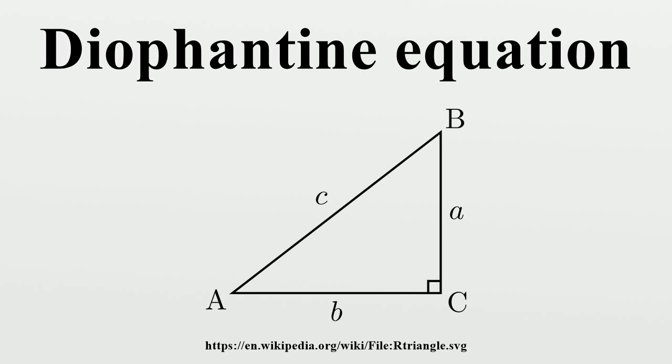Infinite Diophantine equations. An example of an infinite Diophantine equation is n equals a^2 plus 2b^2 plus 3c^2 plus 4d^2 plus 5e^2 plus and so on, which can be expressed as: how many ways can a given integer n be written as the sum of a square plus twice a square plus thrice a square, and so on? The number of ways this can be done for each n forms an integer sequence.